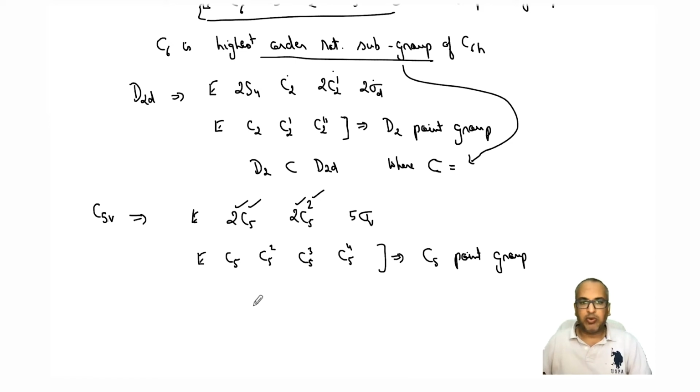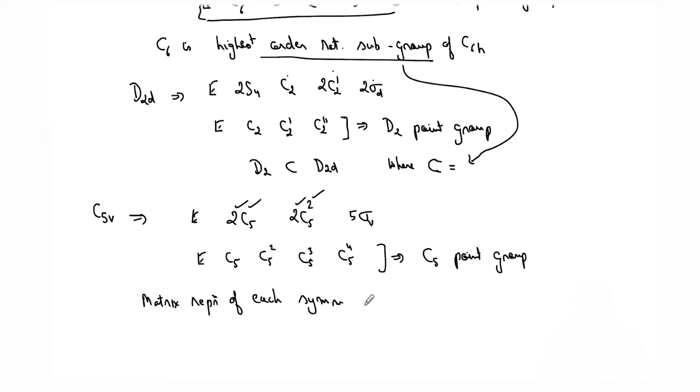Or else what you can also do is, when you're testing these properties, you can take the matrix representation of each symmetry operation and use that to test various properties of the group.